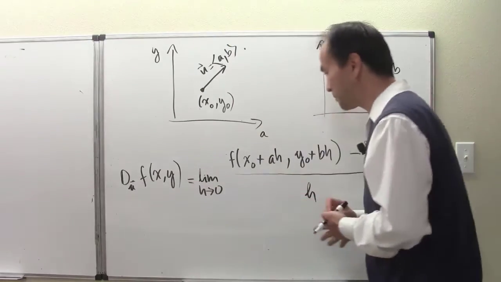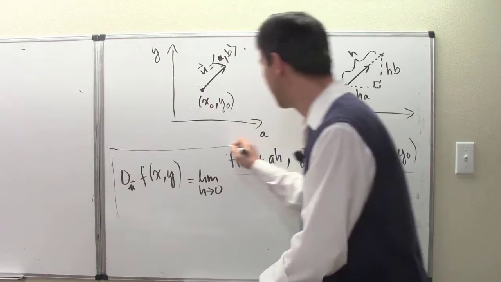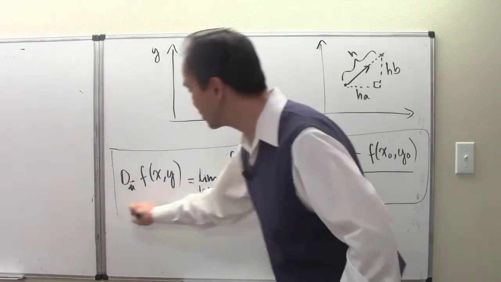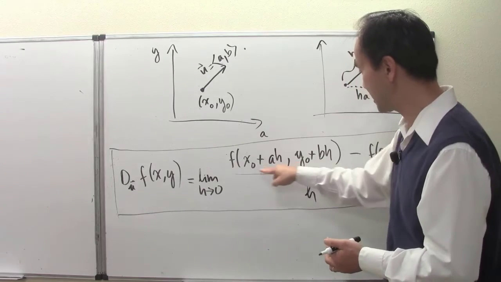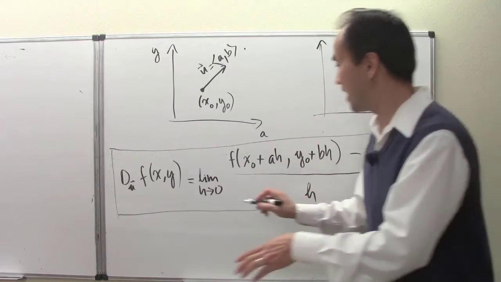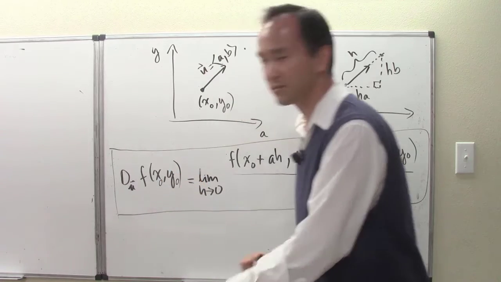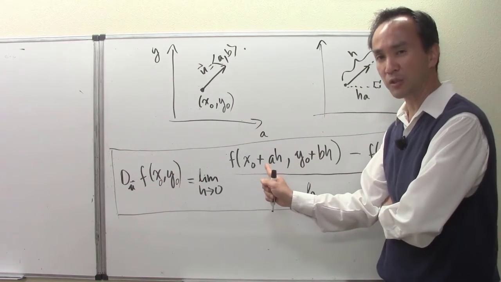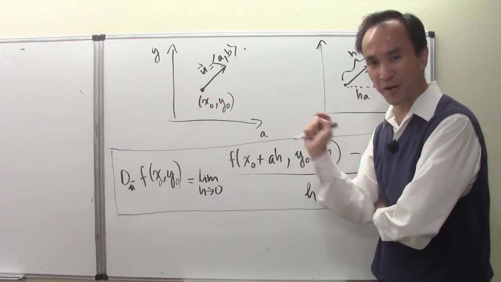Now after I put the picture away, this is the one famous fundamental formula to calculate the directional derivative value at that specific point, x sub 0, y sub 0. So this will come out as the slope of the tangent line right at that point.